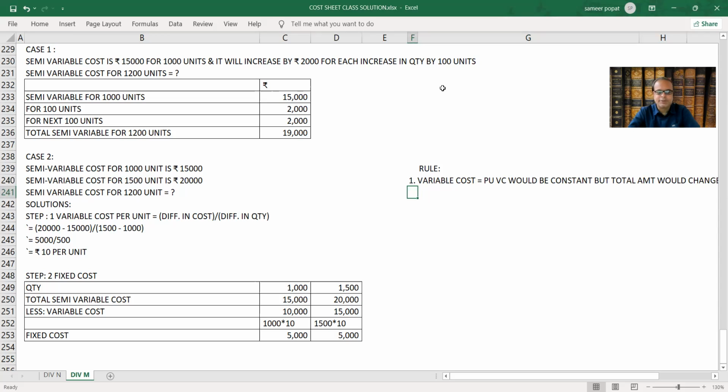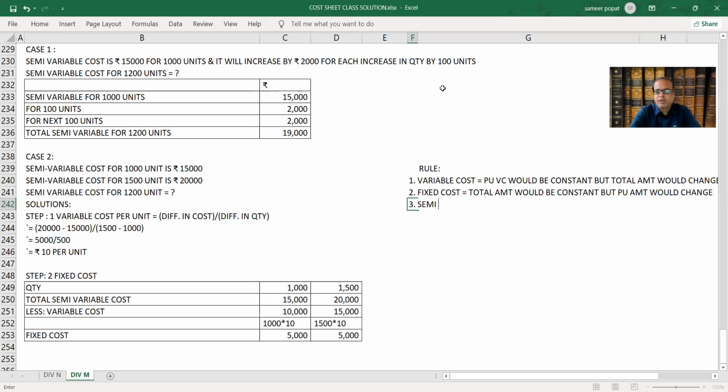In case of fixed cost, its total amount would be constant, but per unit amount would change. Again, based on quantity, per unit cost would change.